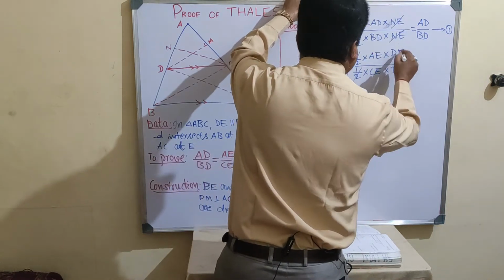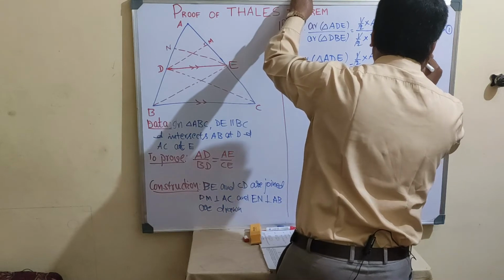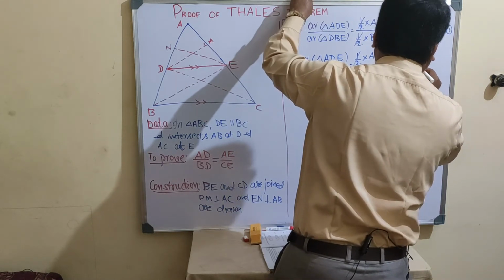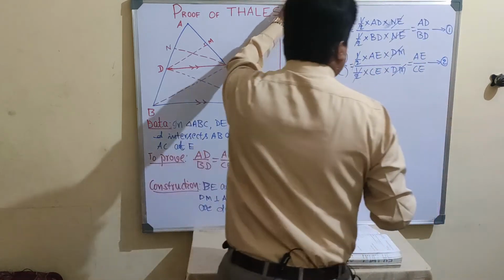Half and DM get cancelled, and there remains AE by CE. Let's call it equation 2.